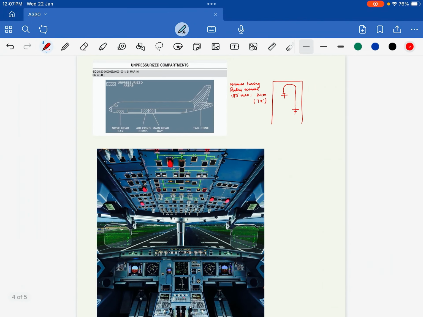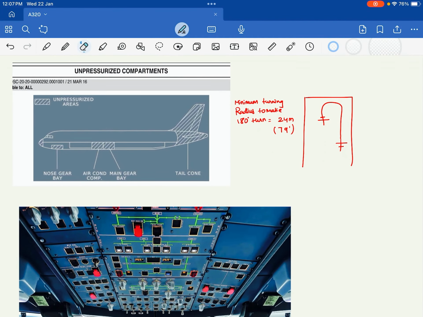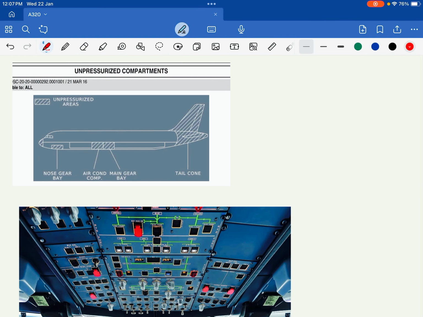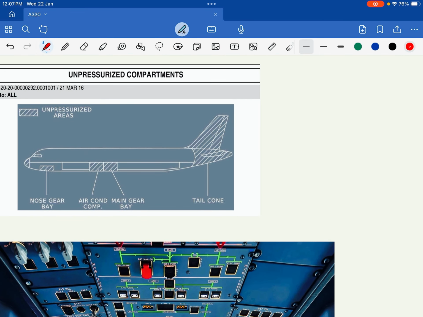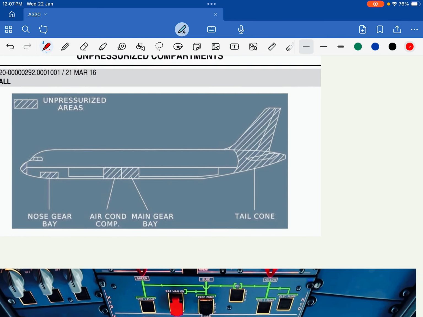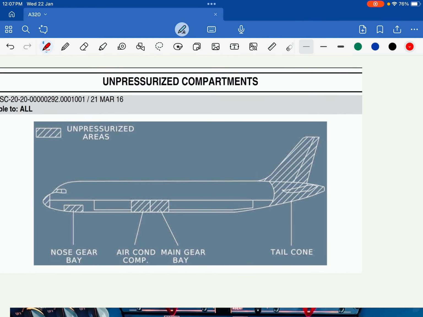The next thing which we will see is, the 320 aircraft is a completely pressurized aircraft, because it flies at a very high altitude. But there are a few parts in the aircraft which are unpressurized. So which are those unpressurized parts? The first part is the tail cone, the tail section of an aircraft. Second is the main gear bay.